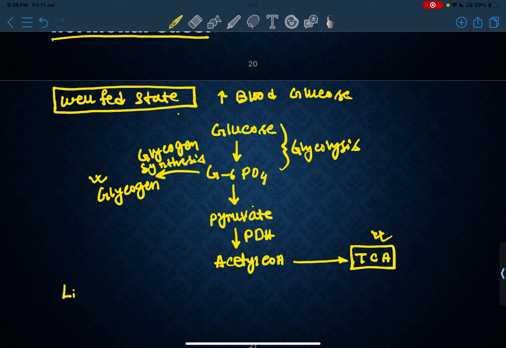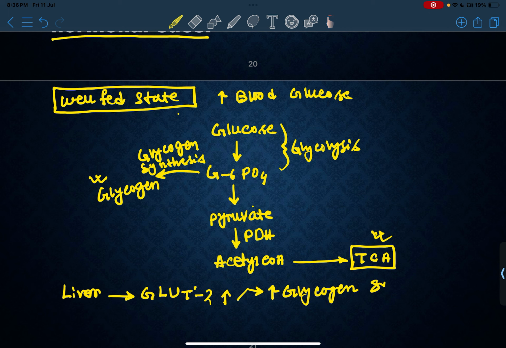so let's see what are the things that are increasing. In the liver, GLUT2 is increased. Okay, so by this, can you tell me what are the things that are increasing? Glycogen synthesis, obviously, will be increased.